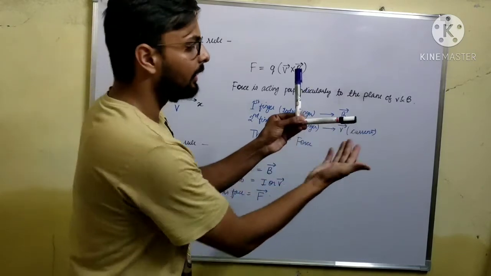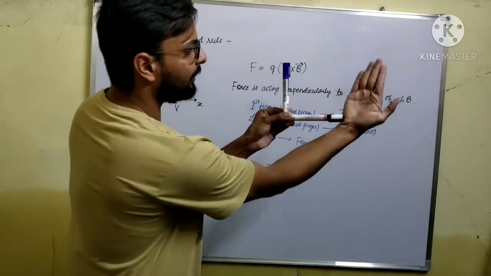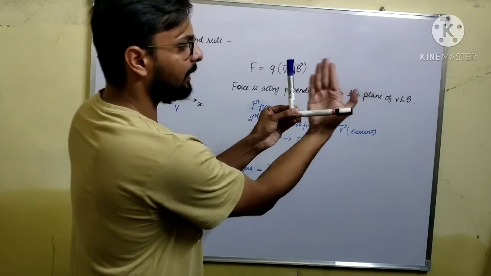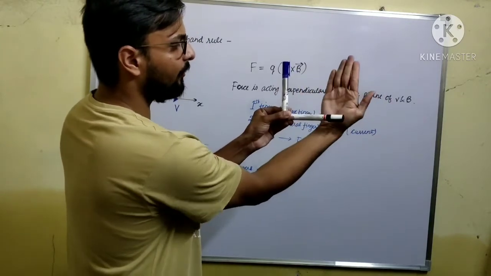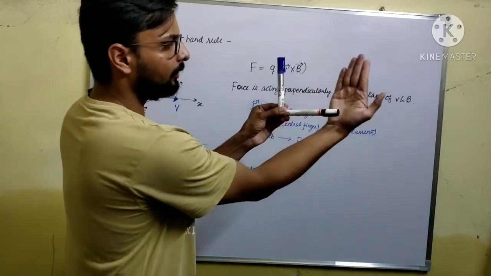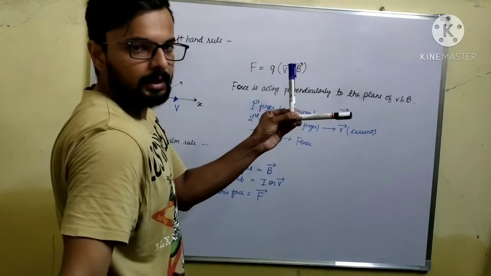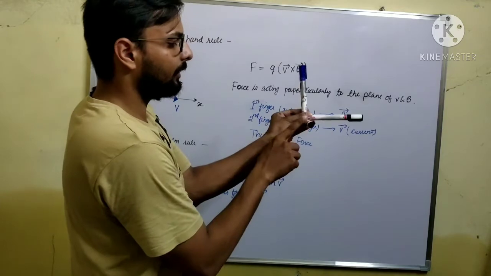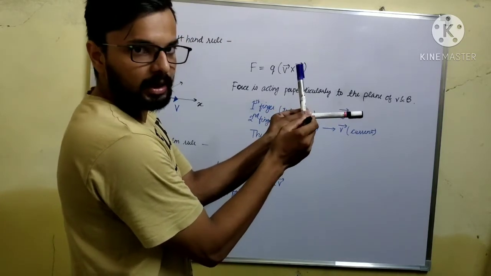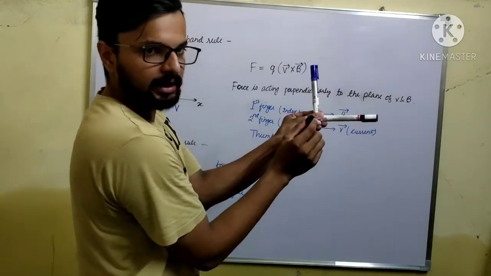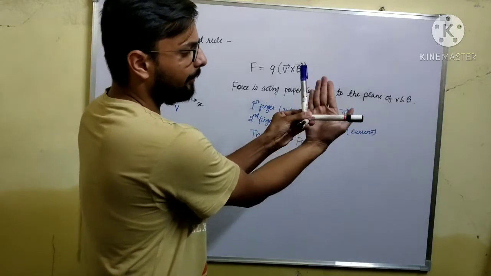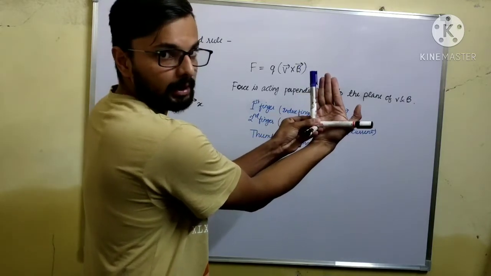Perpendicular to this plane means the xy axes rest in this plane, okay. So this will be called the plane of xy, then the force will be in this direction. So this marker will show the direction of force, which is perpendicular to this plane.